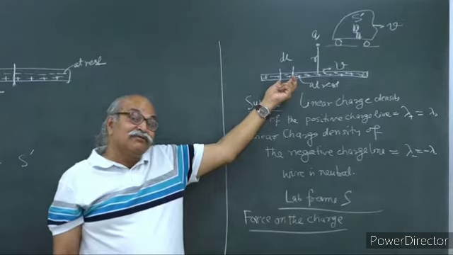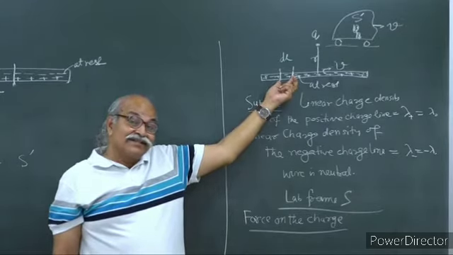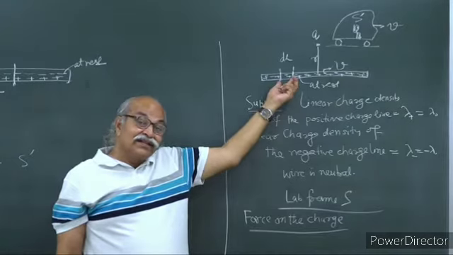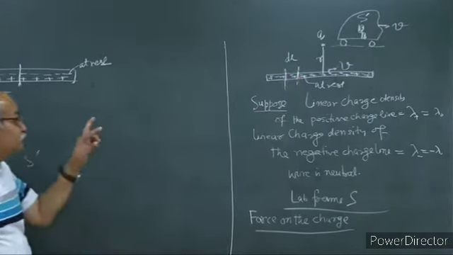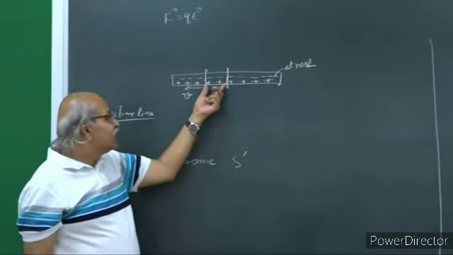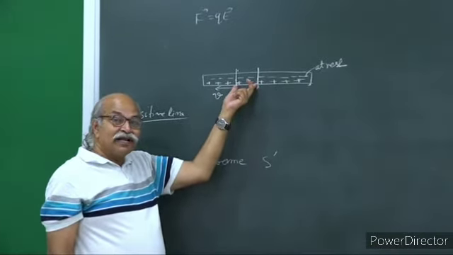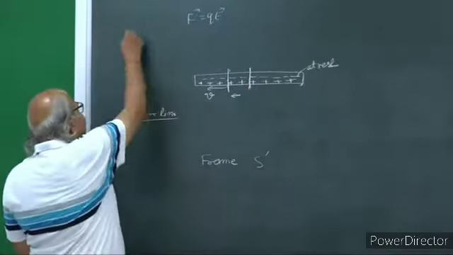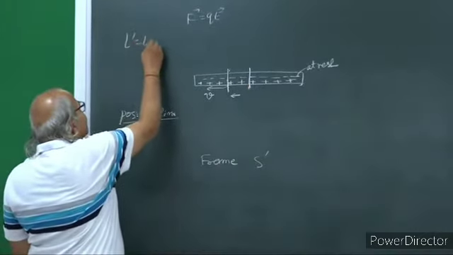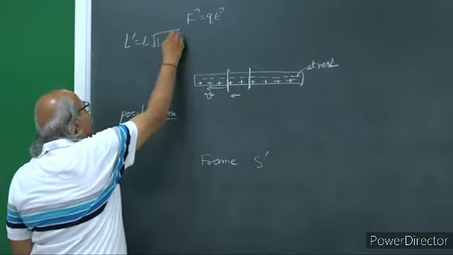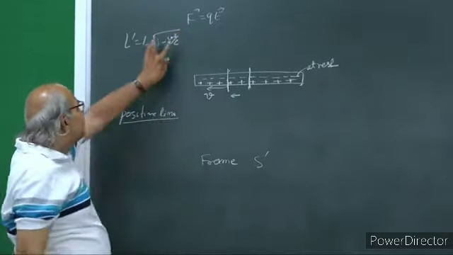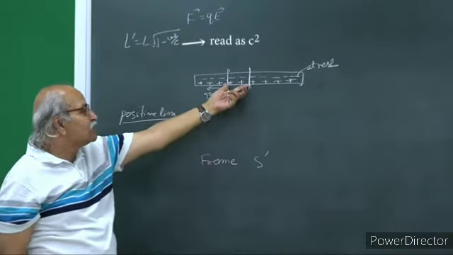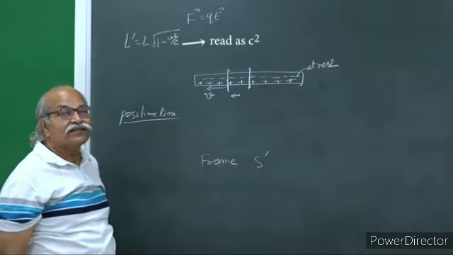It is measured from a frame in which this is at rest. And therefore this length is larger, and if I measure the same red points from S prime, this is shorter, because you have that relation L prime is equal to L square root 1 minus v squared by c squared. So by this factor, this length is smaller and that length is larger.